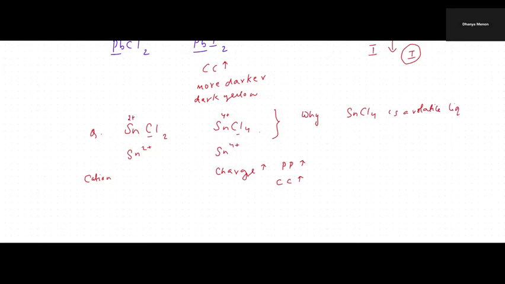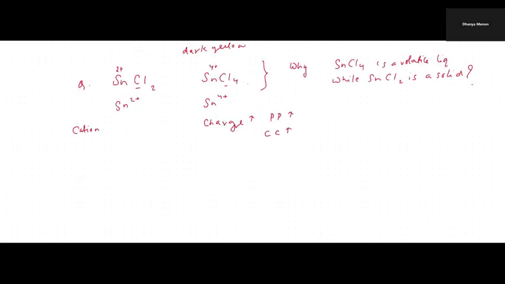Volatile means something that has a lower boiling point and melting point. While SnCl2 is a solid. This is the question.